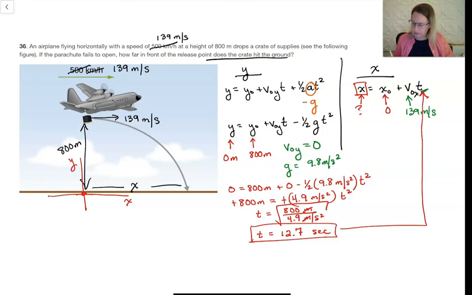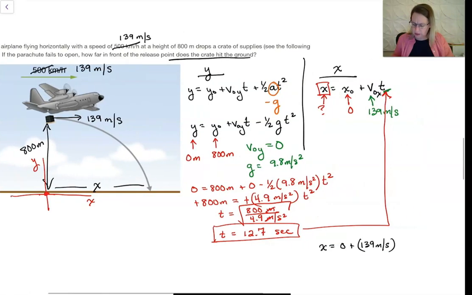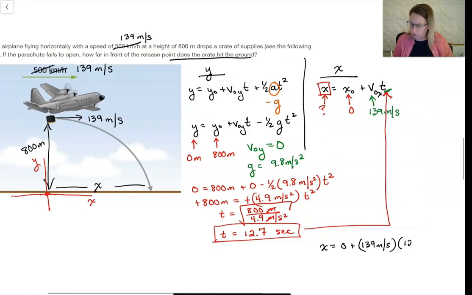And so when I put that in, I get x is equal to 0 plus 139 meters per second times 12.7 seconds. And that gives me my distance of 1,776 meters. Okay, or 1,800 meters, rounding up.